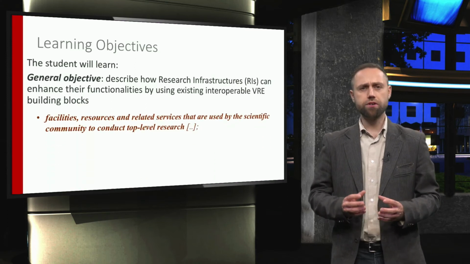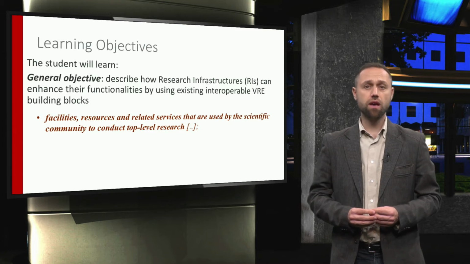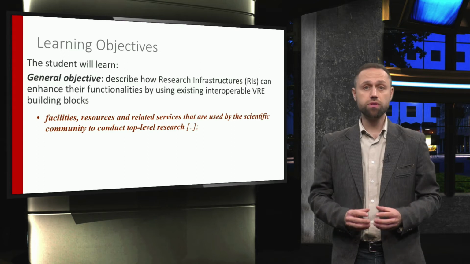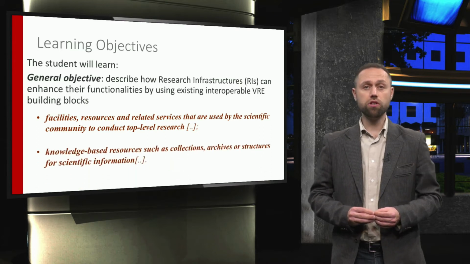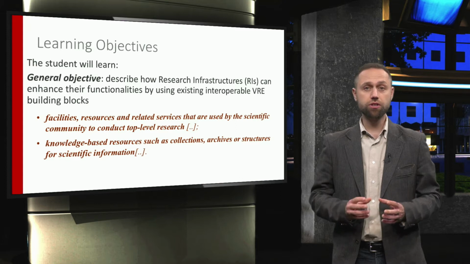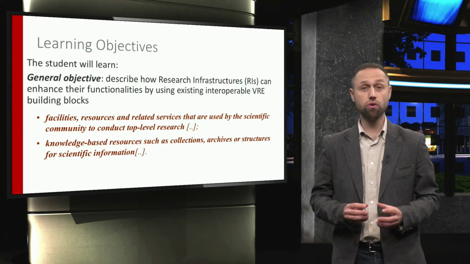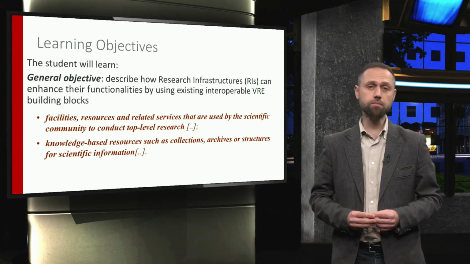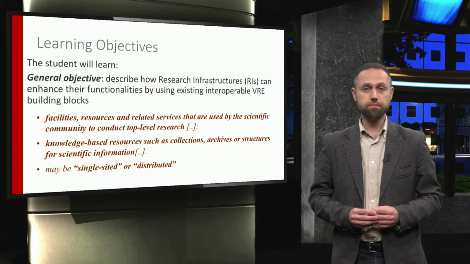The Directorate General for Research of the European Commission defines a research infrastructure as any facilities, resources, and related services that are used by the scientific community to conduct top-level research. As knowledge-based resources such as collections, archives, or structures for scientific information, so for instance datasets, something that can be single-sited or distributed.